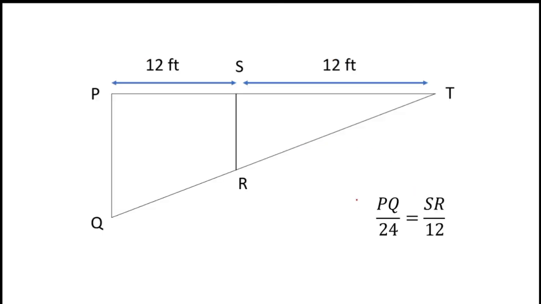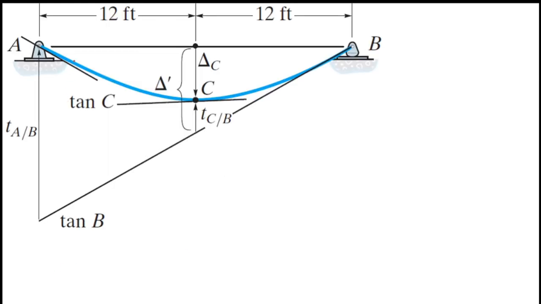Next, I will use this relationship. Here you can find two triangles. So this red triangle and this green triangle. Right, there are two triangles. So I can say TAB over this length is 24.